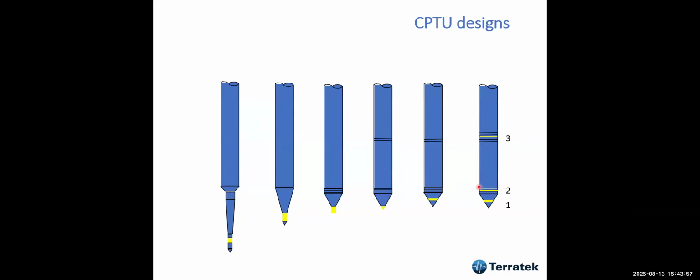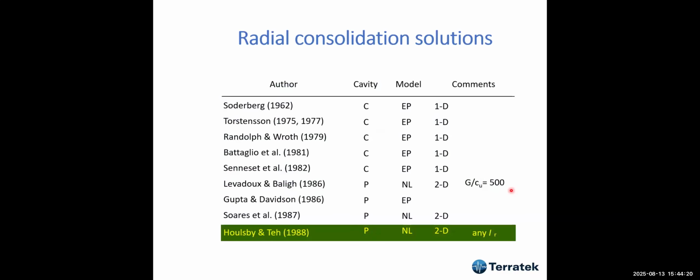And Campanella classified the positions because there were different positions. Fugro used the U1 position. Today, most standards, including the American Society ASTM standard, require position U2. You may have other positions, but U2 is compulsory. You must have it. And these are radial consolidation solutions, because when the pore pressure decreases, you have radial consolidation.